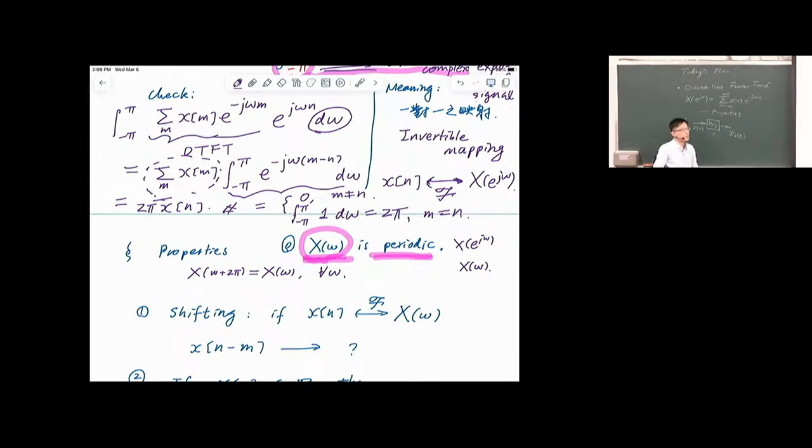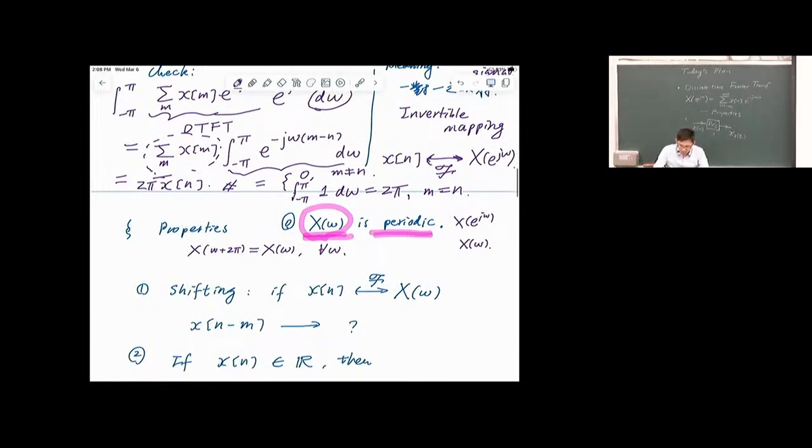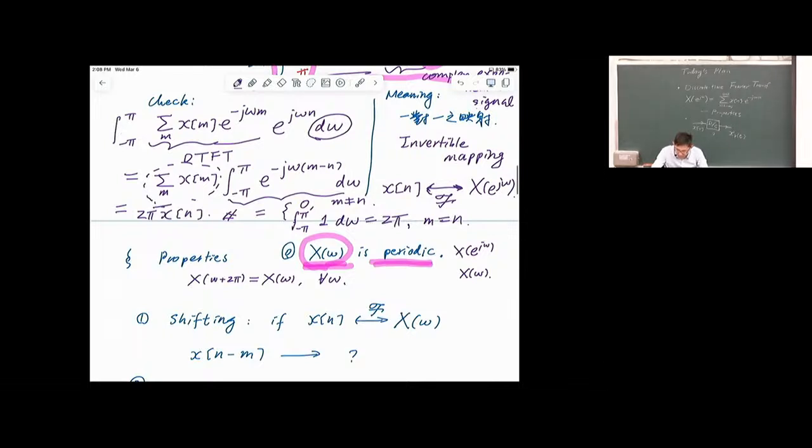That's the first important property. And we can easily check that. To check, let's write down our new friend. The definition of the Fourier transform is the summation over n of x[n] e to the minus j omega n, right? Now sum over all n.